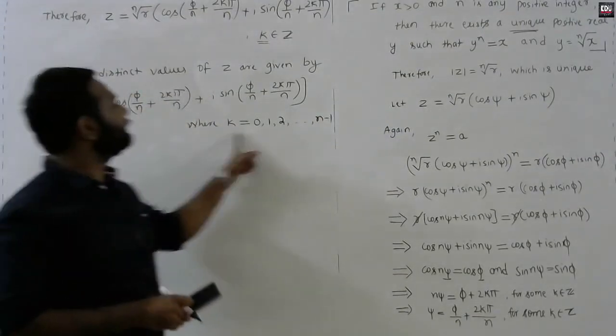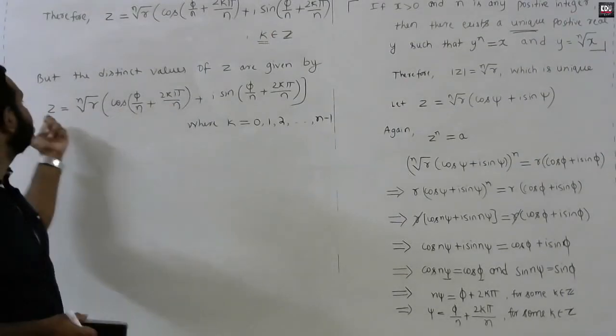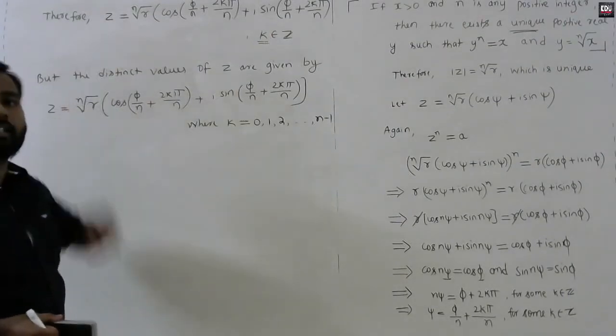So for these n values, I'll get distinct values of z whose nth power is the given number.